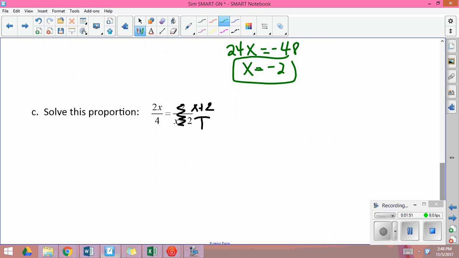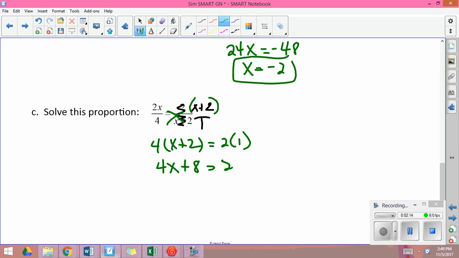Now for C, there's a quick typo in your notes. The second fraction should be (x plus 2) over 1. When I go to do my cross multiplication, get your parentheses in. So I have 4 times (x plus 2) equals 2 times 1. So I have 4x plus 8 equals 2x. Oops, I forgot my x here.